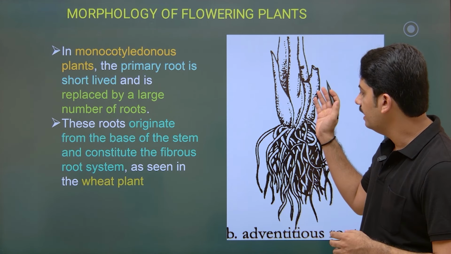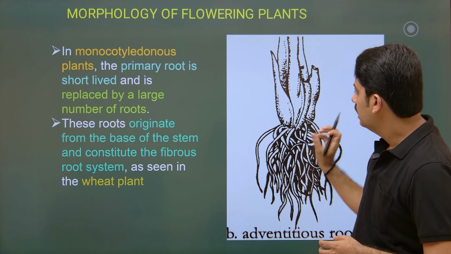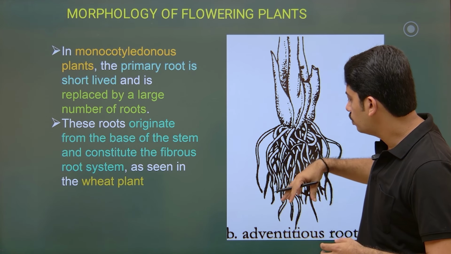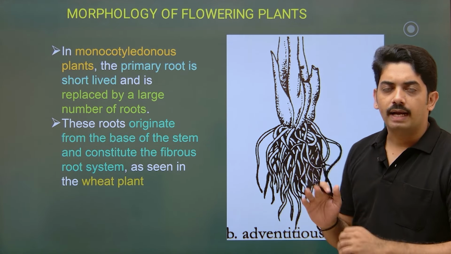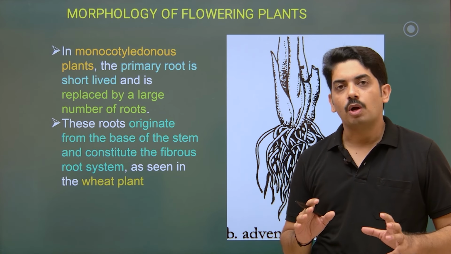Now here you can see in this picture, this is actually one grass plant. From the lower region of the stem, there are so many roots originating. Actually, in these types of plants, the roots originating from the radicle are short-lived.